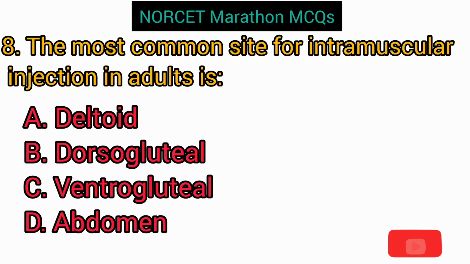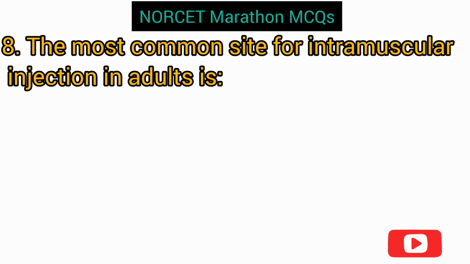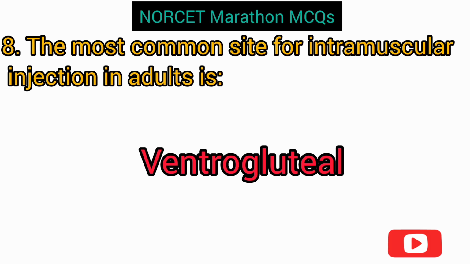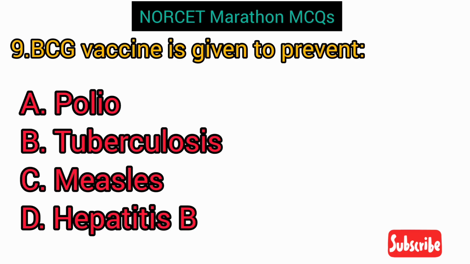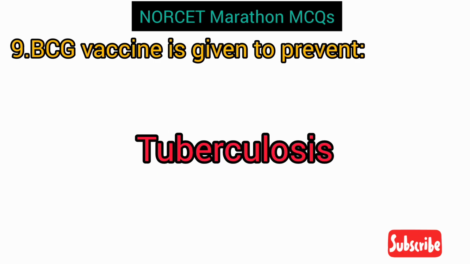The most common site for intramuscular injection in adults is ventrogluteal. BCG vaccine is given to prevent tuberculosis.